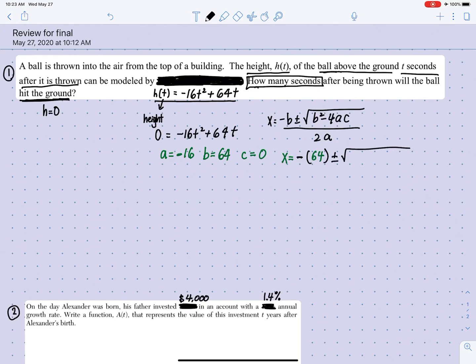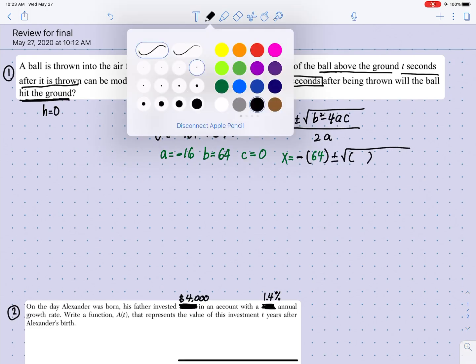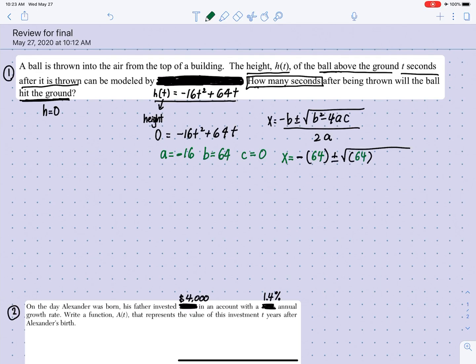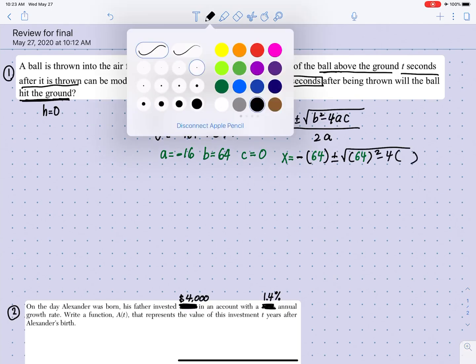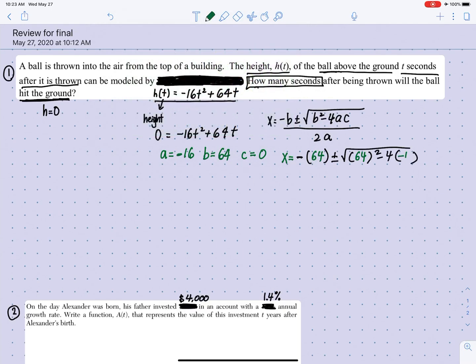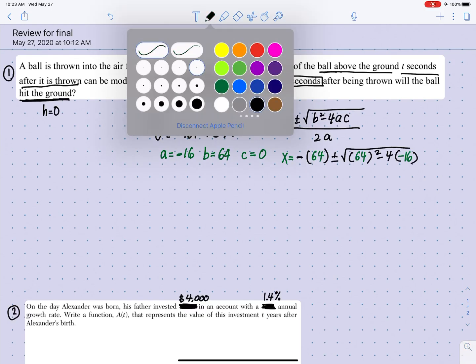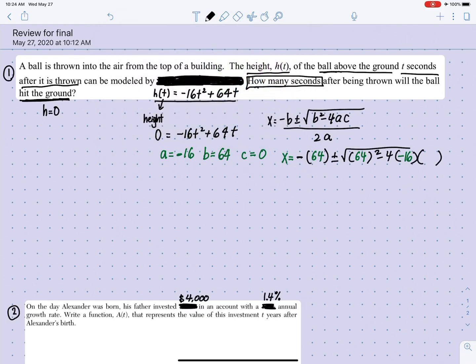So once again, I'm substituting my b value, so I'm going to put parentheses 64 squared minus 4. I'm substituting my value for a, so that's negative 16. I'm substituting my value for c, so I put that in parentheses and I put 0.